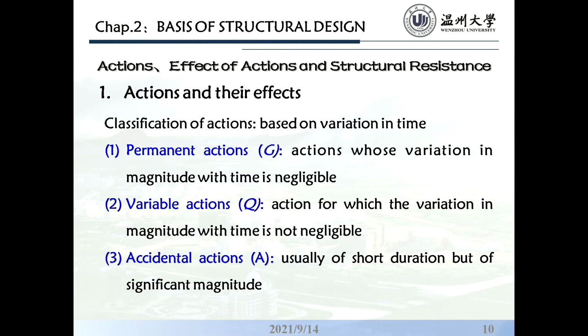Sometimes we can use this, but we generally use these symbols to represent the meaning of the permanent load, the variable action, accidental action. It doesn't matter. Maybe using some different versions of textbooks, they use another symbol.